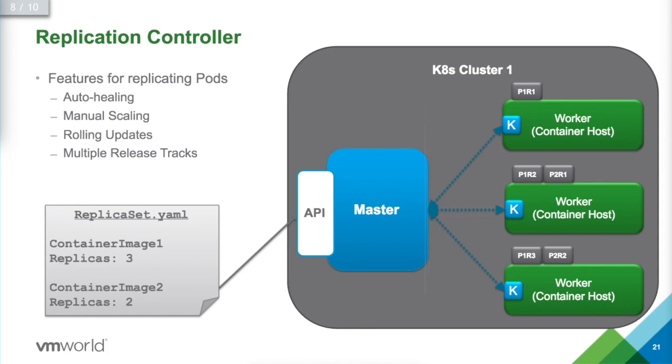The result is shown on the slide, and pod 1 replica 1 is running on worker node 1, while pod 1 replica 2 and pod 1 replica 3 run on worker node 2 and worker node 3 respectively. Pod 2 replica 1 is running on worker node 2, while pod 2 replica 2 is running on the last worker node. As mentioned before, user declares the Kubernetes system a desired state, and Kubernetes will make sure the real state match with the desired state.